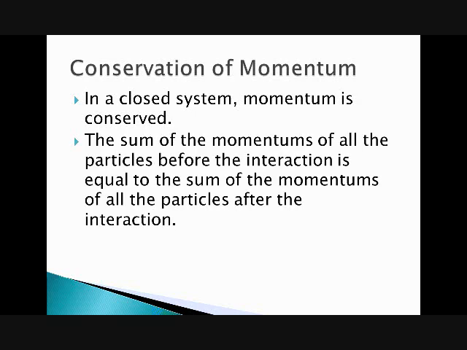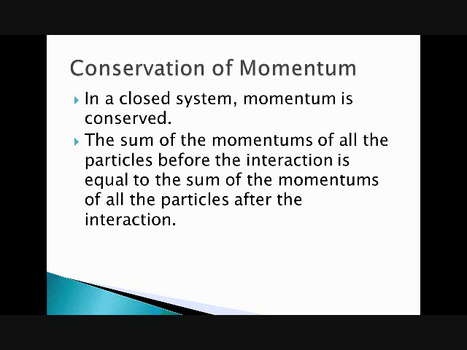If you take the sum of all the momentums, which probably isn't the correct word, I think it's momenta, of all the particles before the interaction, that is going to be equal to the sum of all the momentums of all the particles after the interaction. That's what the conservation of momentum means. All the momentum before the interaction equals all the momentum after the interaction.